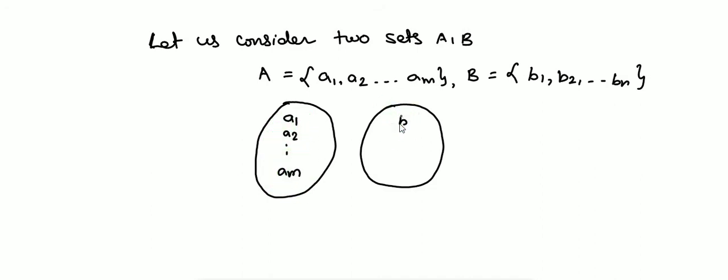If m is less than n, even if all elements of capital A have a unique relation, there will be some element which does not have any mapping, so it is obviously not an onto function. So in order to make an onto function, the first condition is m is greater than or equal to n.